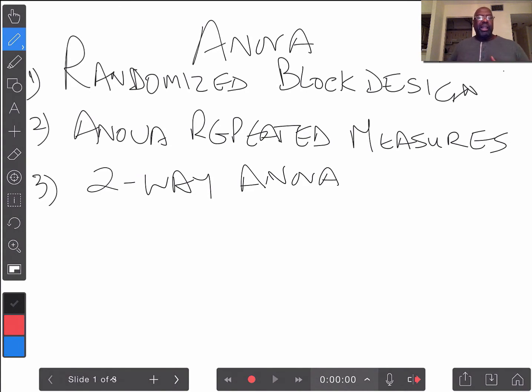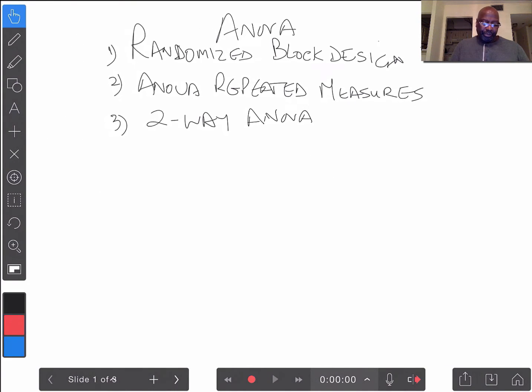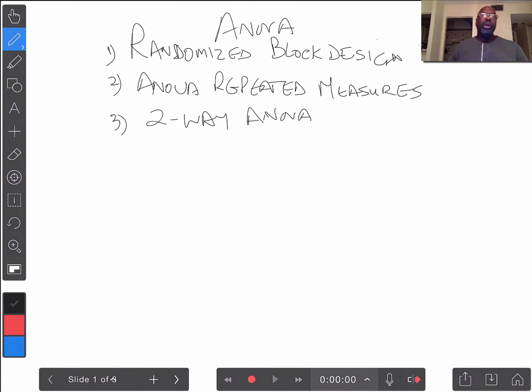But just before we get to that, let's go back quickly to one-way ANOVA and see how we're going to modify what we do in two-way ANOVA. I think if we could get that, it won't be so hard. So in one-way ANOVA, the way in which we did our analysis was that we said, let's analyze variation.